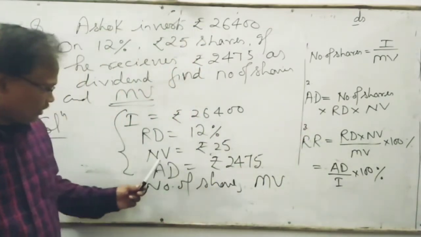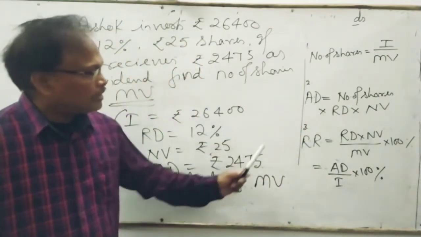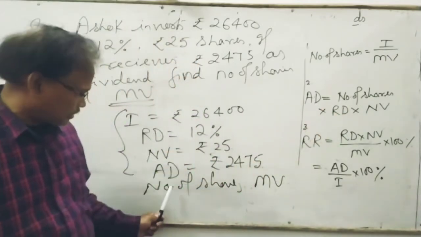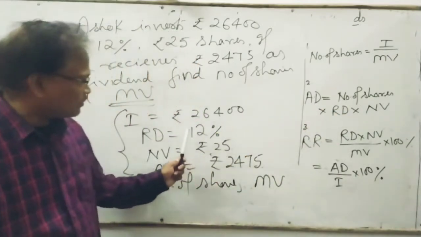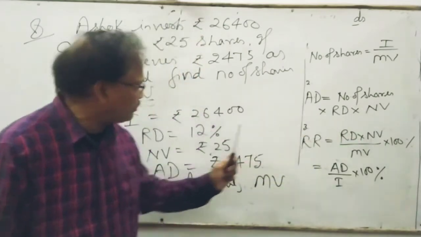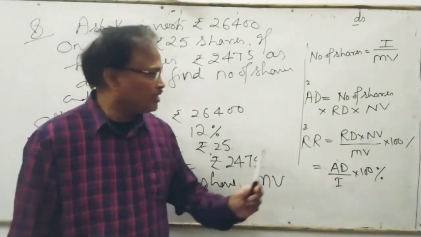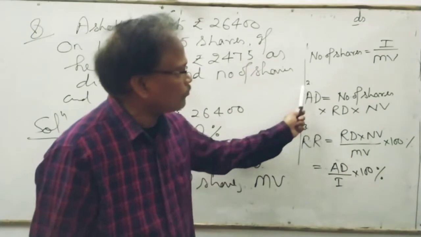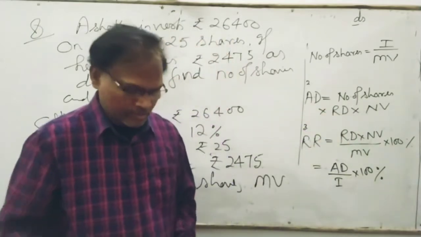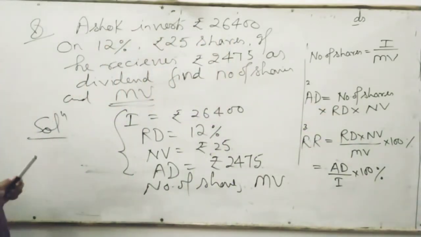Now from where you can get this? Annual dividend is given, yes, 2475. Number of shares not given, okay, asking the number of shares. RD is given, yes. Nominal value is given, yes. Means use this formula to find the number of shares.